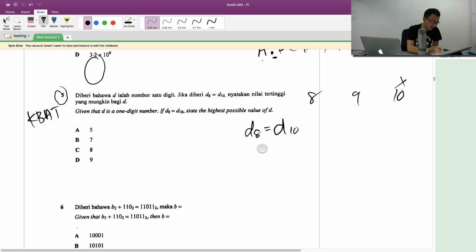Let's say, because I want to make sure both of them have the same number, I will try 9 first, because 9 base 8 is very close to 9 base 10. If we have base 8 and we want to change to base 10, what we will do is we will actually divide it by 8, isn't it?